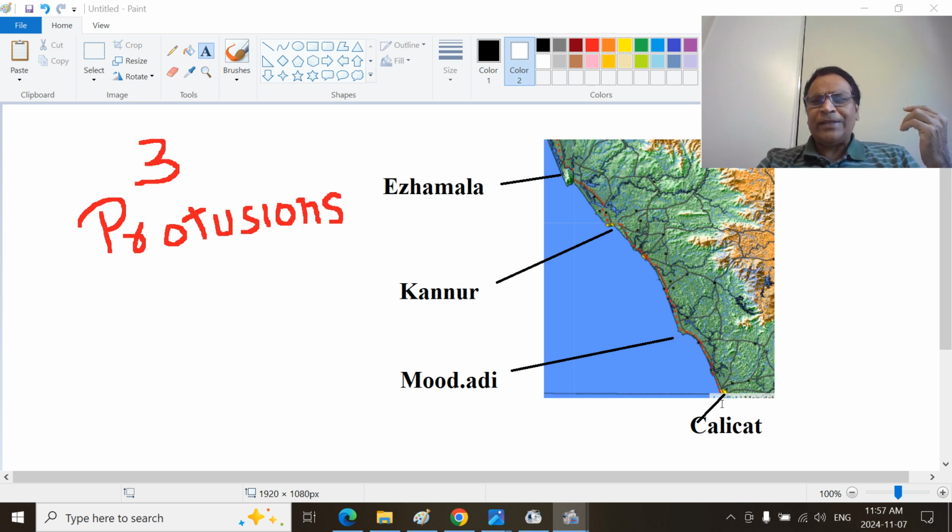This is, of course, the Calicut town or Kozhikode, headquarters of the Samutri Rajas, Jamori Nair rulers, which were conquered by the Mysorean conquistador who usurped the Vadayari rule, that is Hyder Ali, in the year 1760, terminating that Raja's rule. So these three protrusions you should keep in mind.